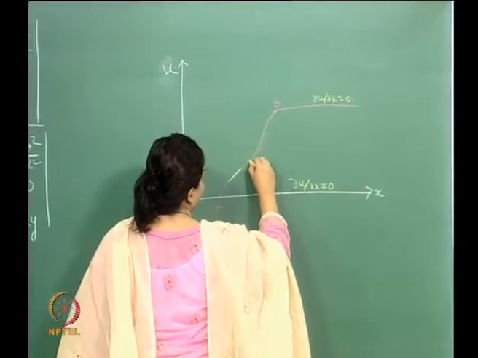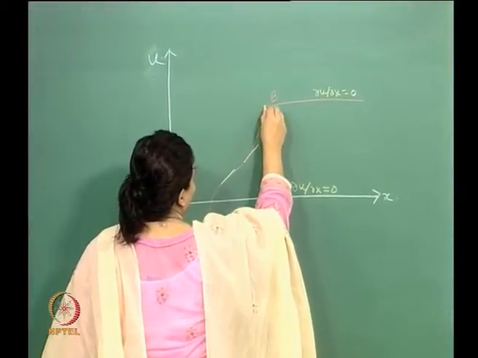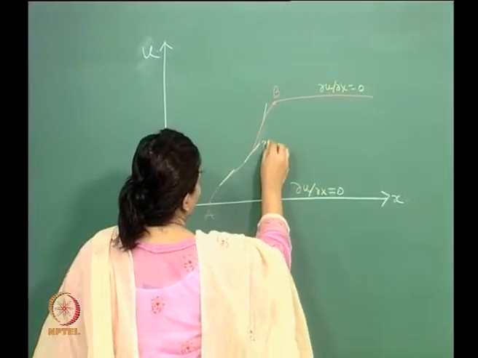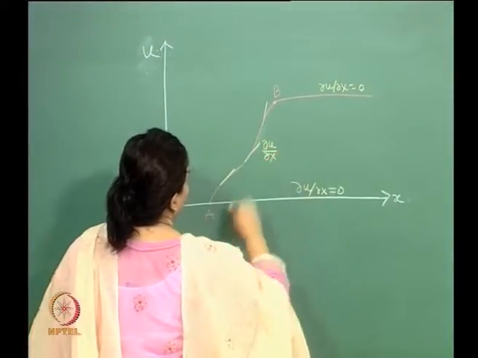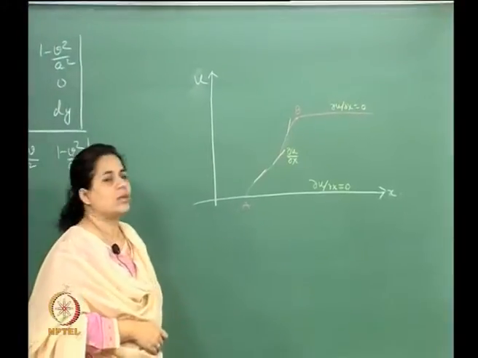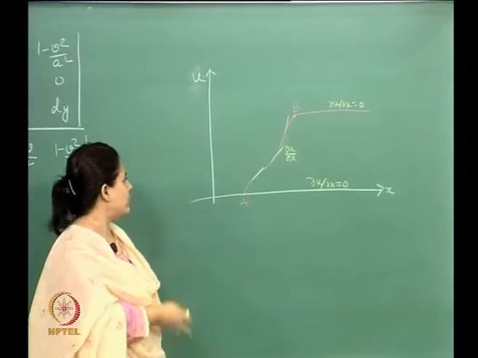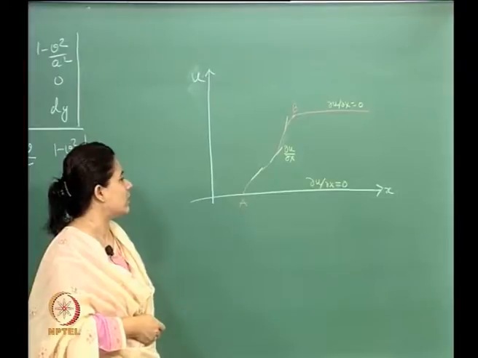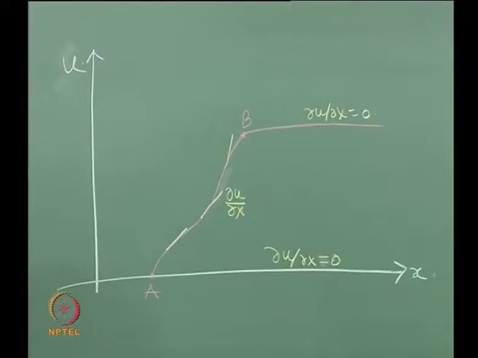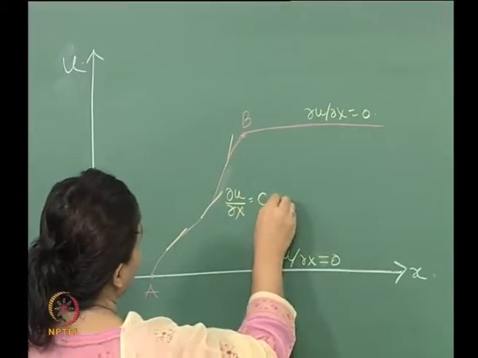And somewhere on this curve, del u del x is some sort of a constant, so it will vary in this direction. If we have something like this, at the most it can be a constant.